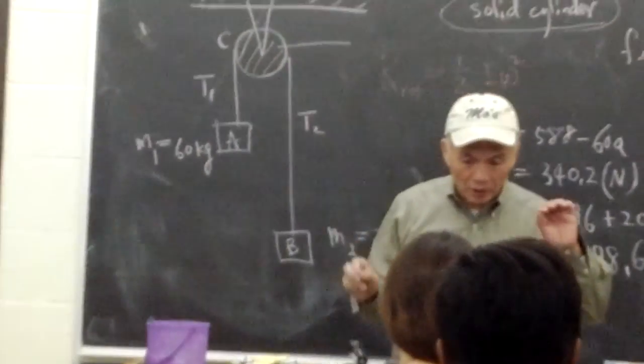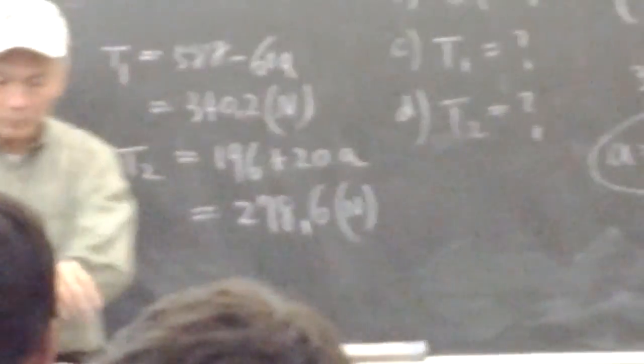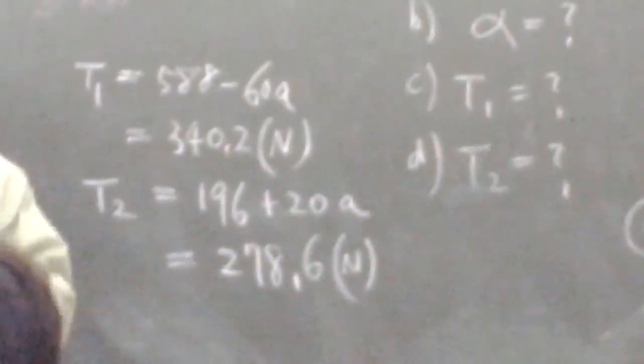Okay, so that's just another way of looking at the same problem. All right, any questions? This is what you call rotational dynamics. That is, things are starting to move, and you have angular acceleration. Okay.